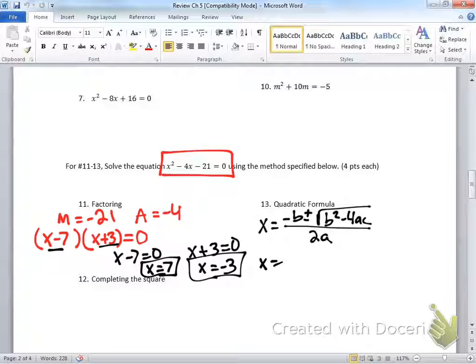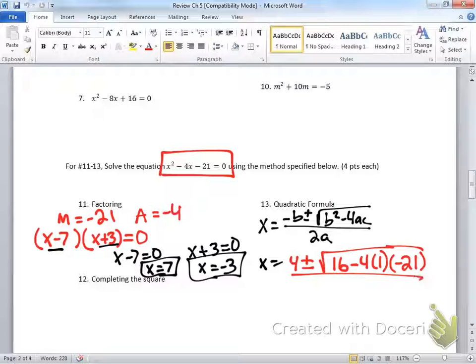All right. So negative b is 4, plus or minus the square root of negative 4 squared, so 16, minus 4 times 1 times negative 21, all over 2 times 1. What do you get? What's 16 plus, what is that, 84? 16 plus 84 is 100?